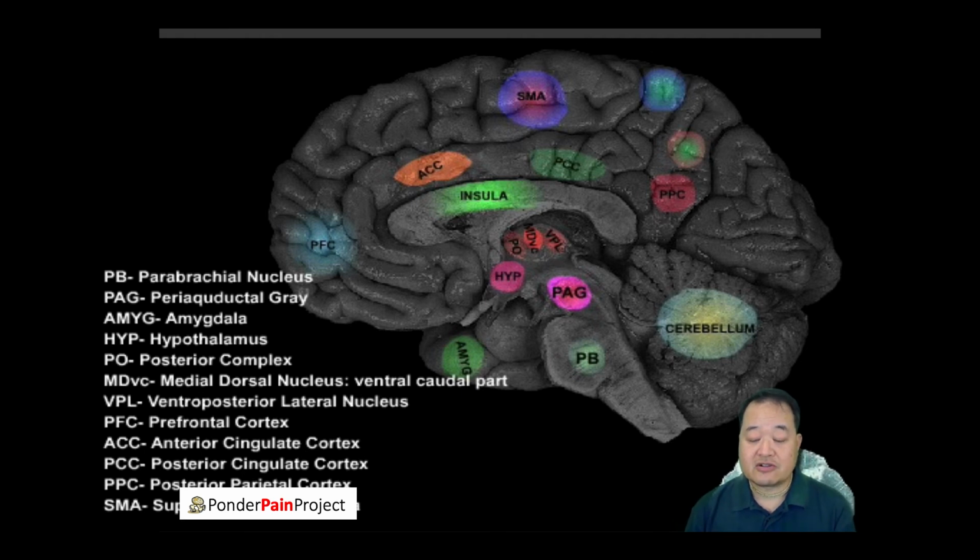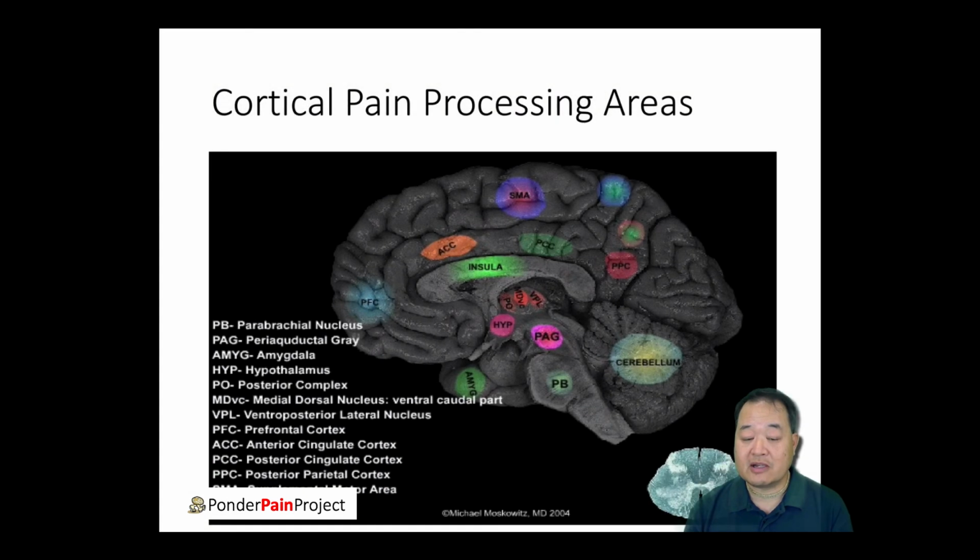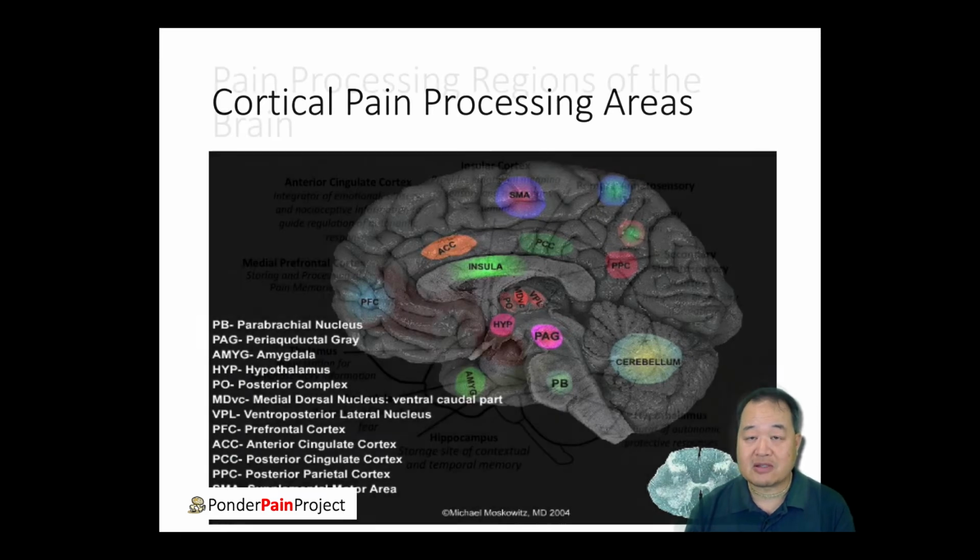But in addition to that, you'll see that once it gets routed from the thalamus, it goes to that structure called the AMG, which is a symbol for amygdala. But in addition, you'll see how it goes to the insula, the anterior cingulate cortex, and the medial prefrontal cortex. These are the areas you'll see are located deep within the brain and also in the forward aspects of the brain. And these are important as we start to talk about the meaning of these.